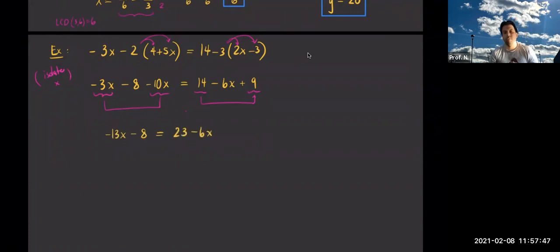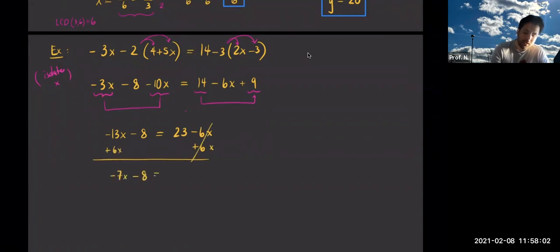And then now the problem is I have two x's on two sides of the equation. I want them all on the same side and everything that's not an x on the other side. So I must add the 6x on both sides. So this becomes negative 7x minus 8 equals 23. But I want to solve for x, so I must add the 8 on both sides. This becomes negative 7x equals, what is this, 31?